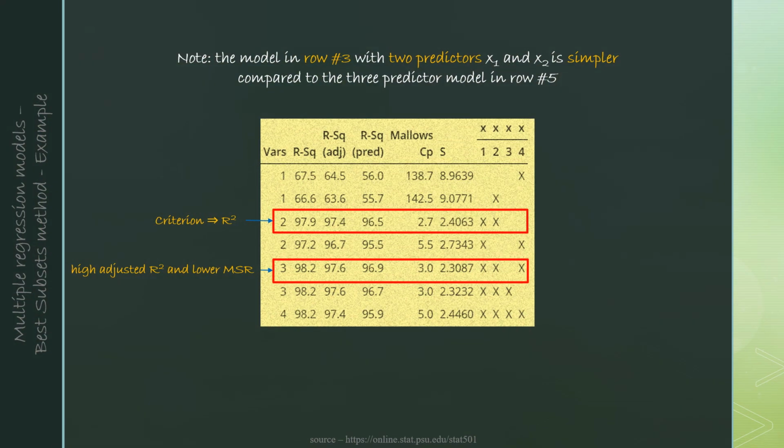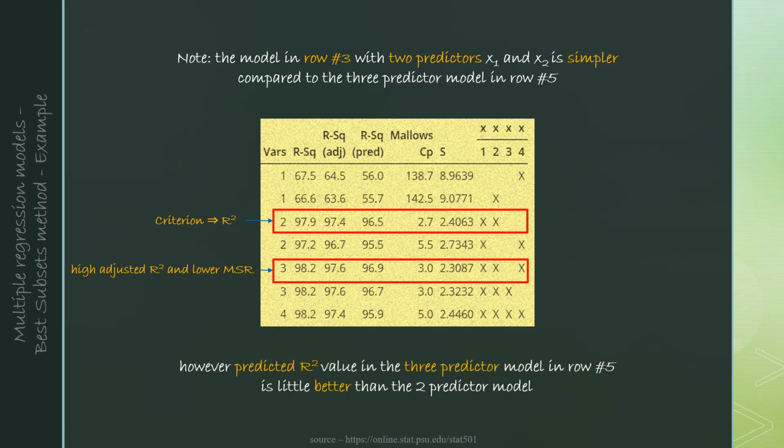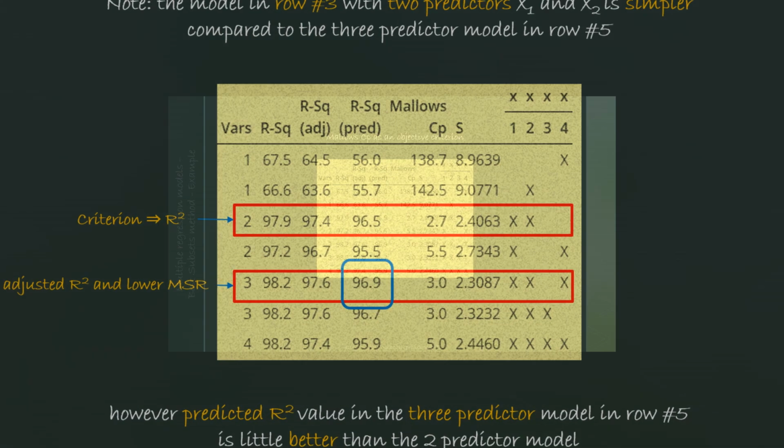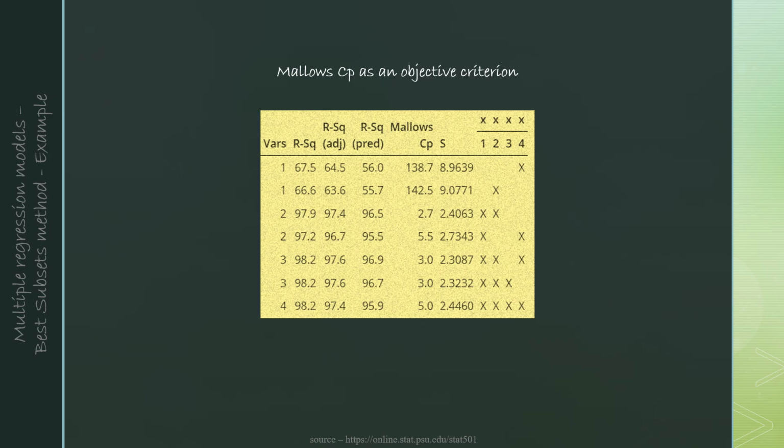Note, the model in row 3 with two predictors x1 and x2 is simpler compared to the three predictor model in row 5. However, predicted R square value in the three predictor model in row 5 is a little better than the two predictor model. The difference though is quite small, so the predicted R square need not be the deciding criteria in this case. Let's turn our focus on the last statistic in the table, Mallows' Cp, as an objective criteria.